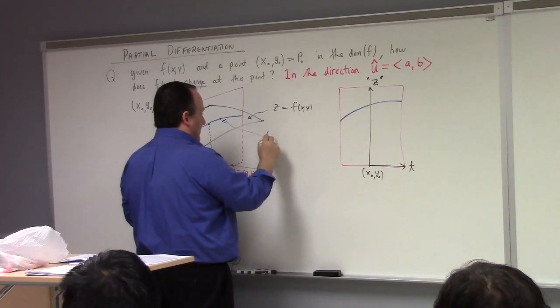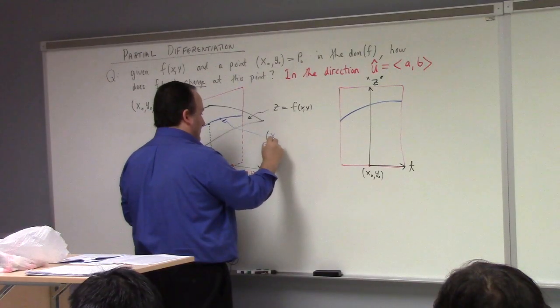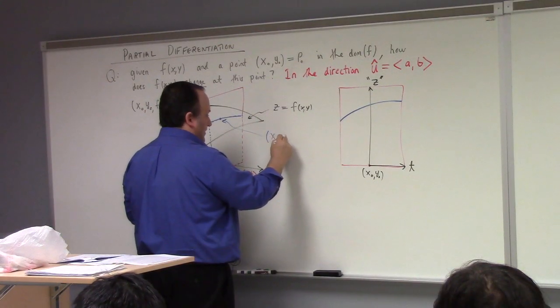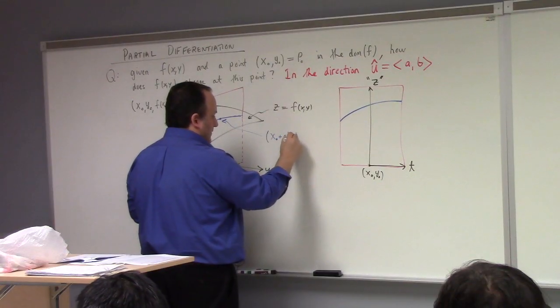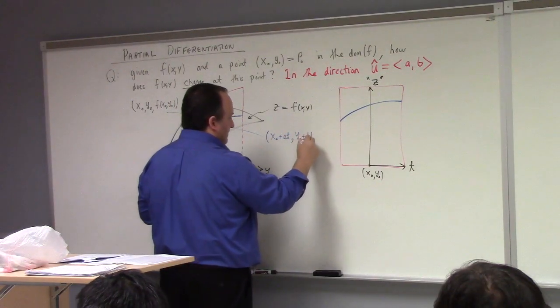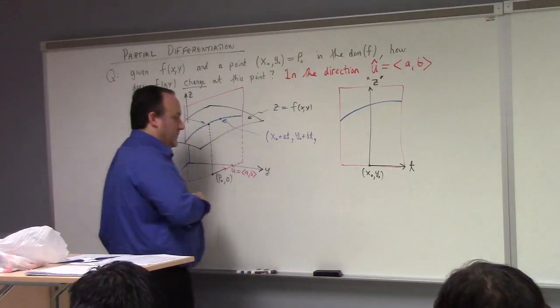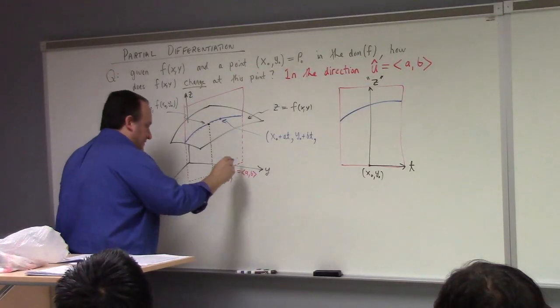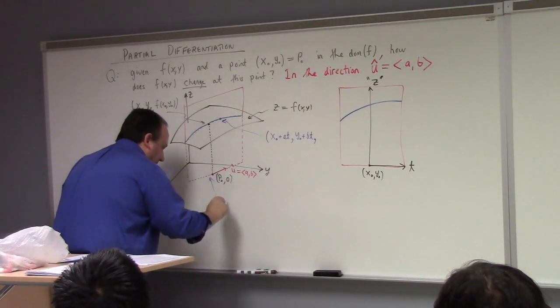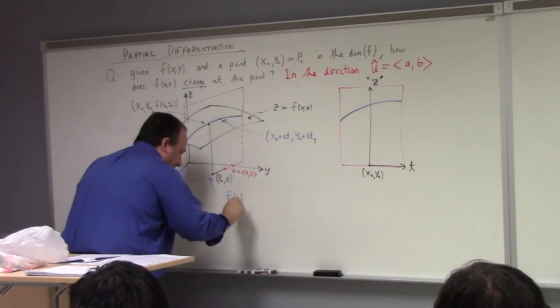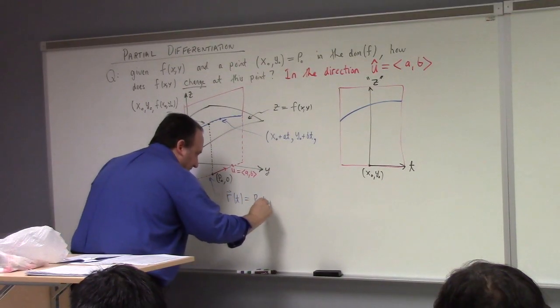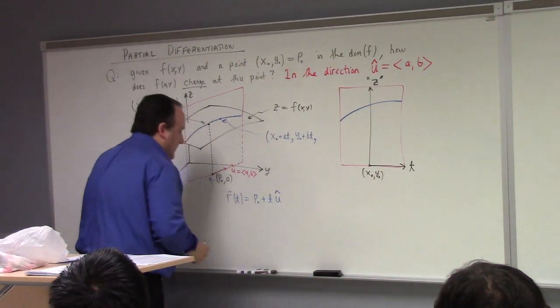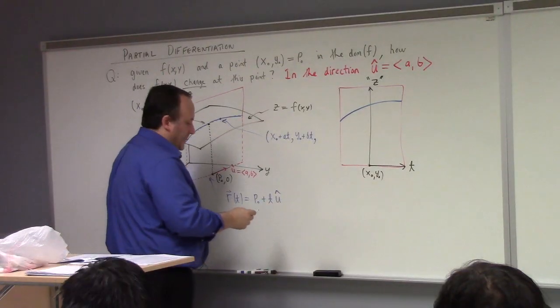here we have x naught plus at, y naught plus bt, right? So what I'm suggesting is that down here you could parameterize r of t as p naught plus t times the u hat vector, all right?